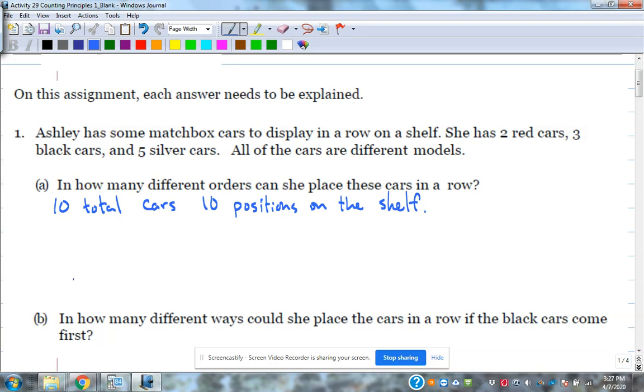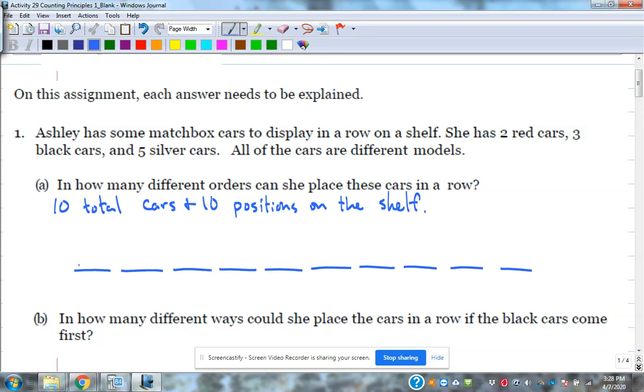Okay, so one good way of doing some counting principle is to make blanks for each position that they can be in. So I'm going to write 10 blanks here. 1, 2, 3, 4, 5, 6, 7, 8, 9, 10. So there are 10 positions that could be there on that shelf.